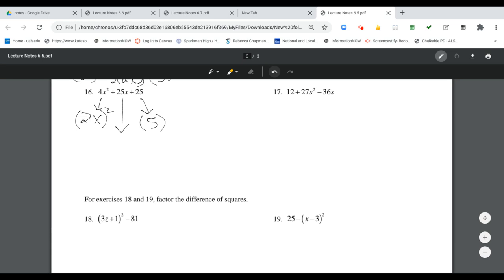So when I do this, that would be 2 times 2x times 5, which is actually 20x. It's not 25. So this is not a perfect square trinomial. Now, just because it's not a perfect square trinomial doesn't mean that I can't factor it. So we are going to factor it using the AC factor by grouping method, or you can do trial and error.